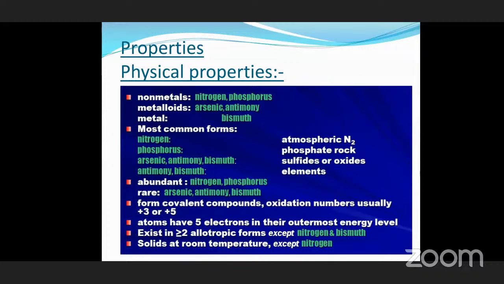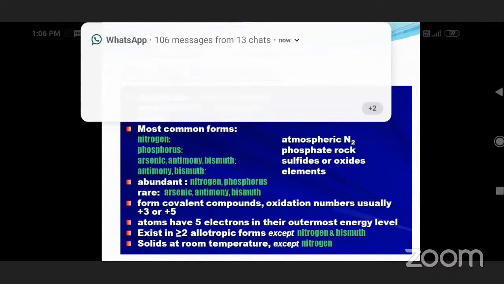That's why bismuth shows more metallic nature. Generally, in all groups the last elements show the metallic nature, and the first elements show the non-metallic property. In between the starting and ending elements, the middle elements act as metalloid or semi-metalloid properties.